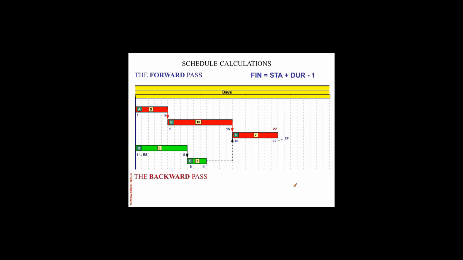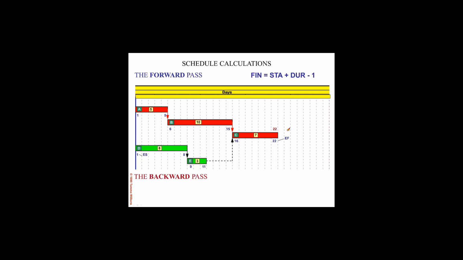Now be aware, if you do not specify a project finish date, the default that your scheduling tool will use for the project finish is the last date from the forward pass calculation, which is that day 22 in this case. But suppose that we said we want this project to finish no later than day 24 out here.